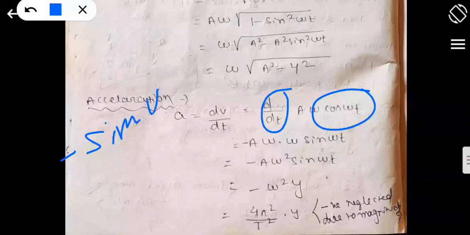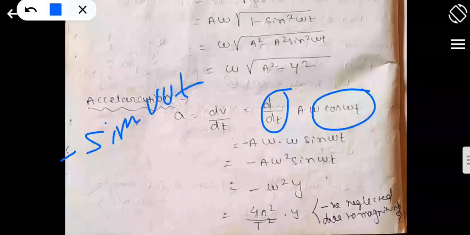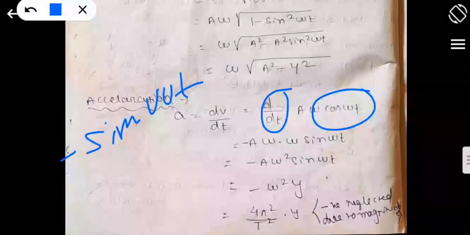As I told you earlier, you have to take the negative sign, and sine omega t is the differentiation of cos omega t.